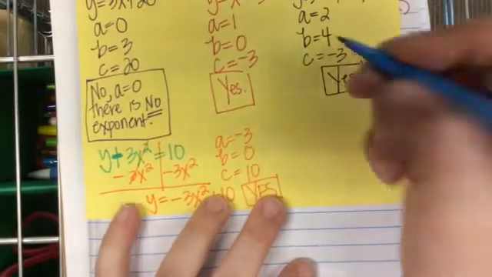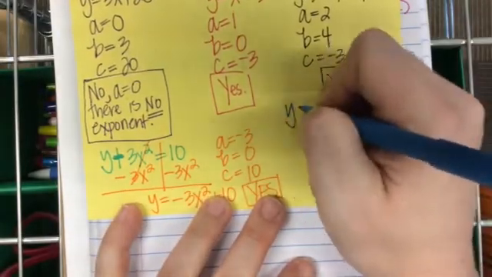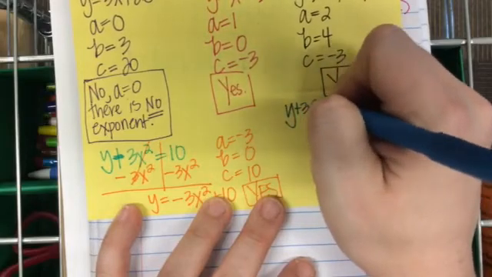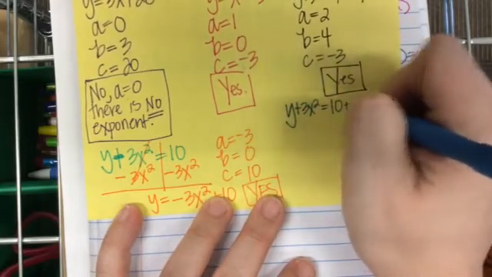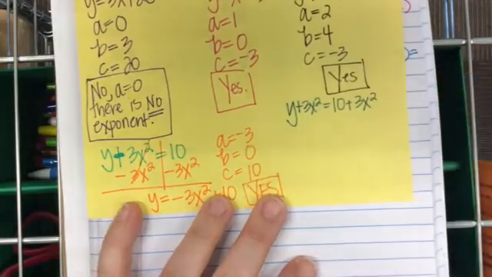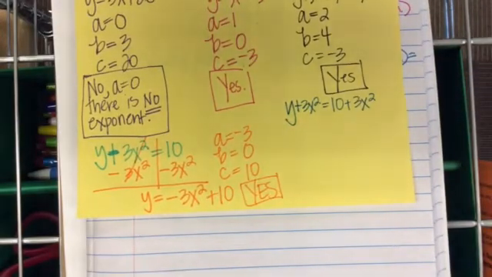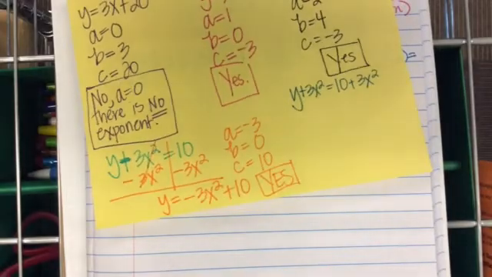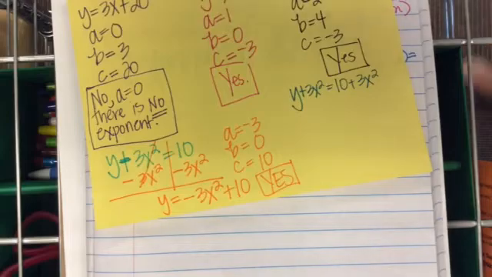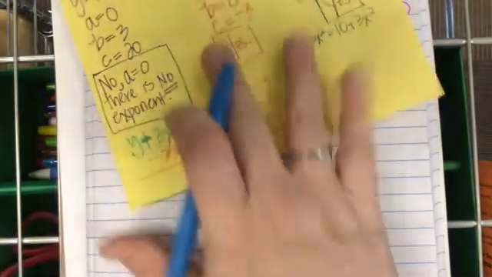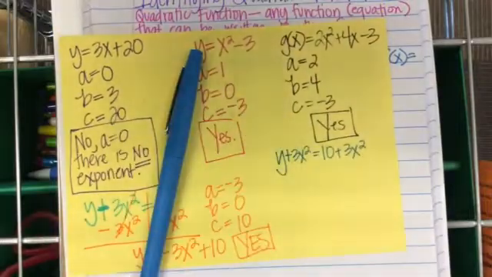All right, one more. Why we can't have nice things. Y plus 3x squared equals 10 plus 3x squared. A red flag is showing up in my head again.